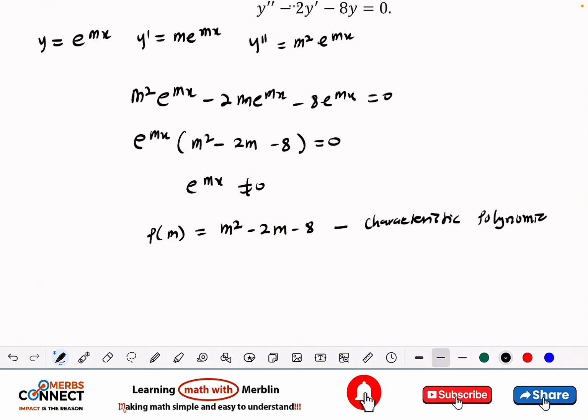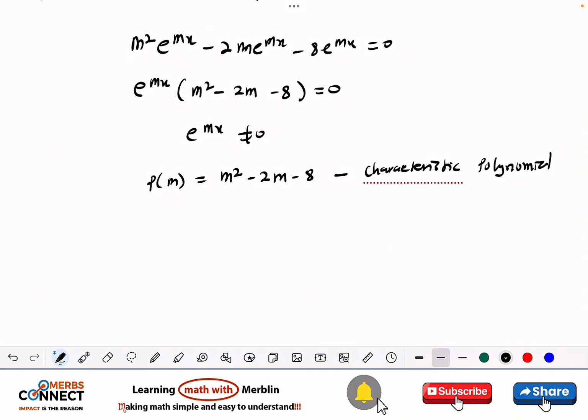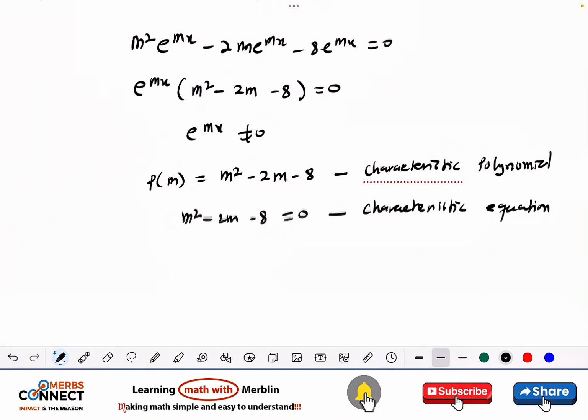So as we learned from the previous video, when I set m squared minus 2m minus 8 to 0, then we call this one the characteristic equation, right? So as soon as we get the characteristic equation, the next thing that we need to do is find the characteristic roots, right? We need to find the roots.